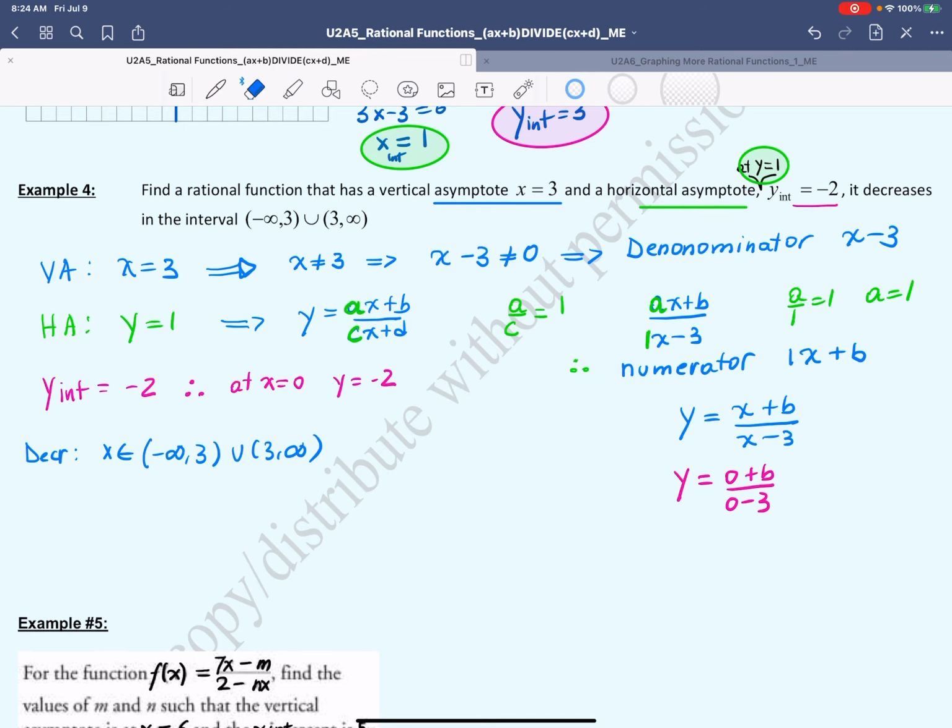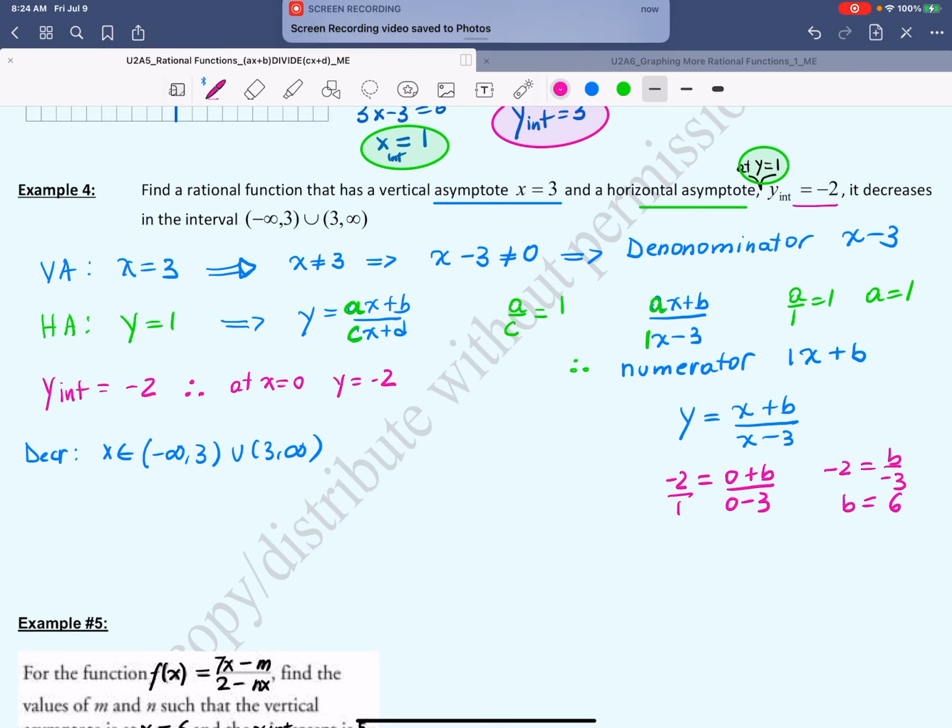And the function will give a value of -2. So this means that negative 2 equals b over negative 3. And b equals 6. Simple equation to solve. So the function is, so far, y equals x plus 6 over x minus 3.